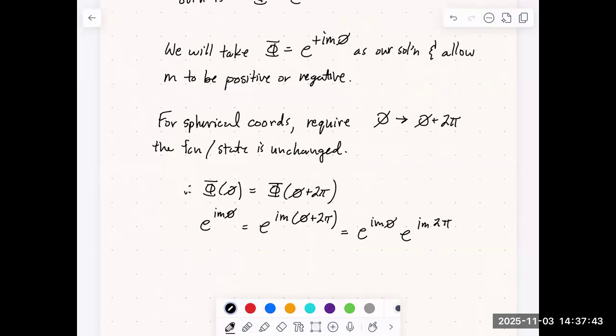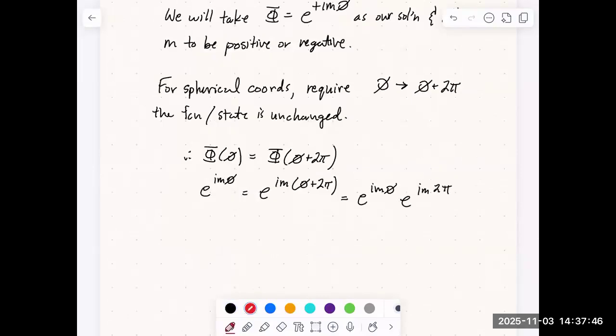Okay, good. I can cancel a common factor on both sides, and that means 1 is equal to e to the 2 pi i times m.